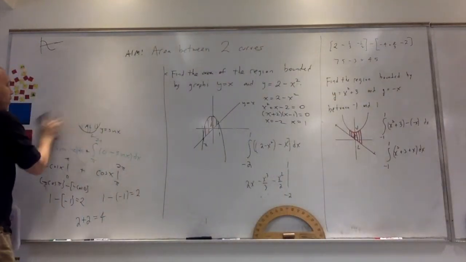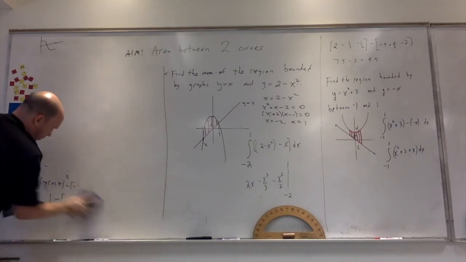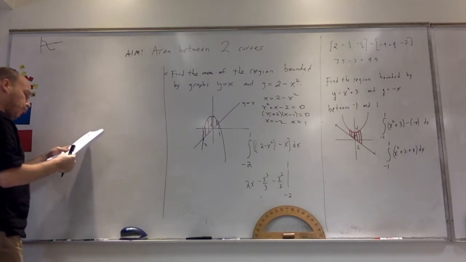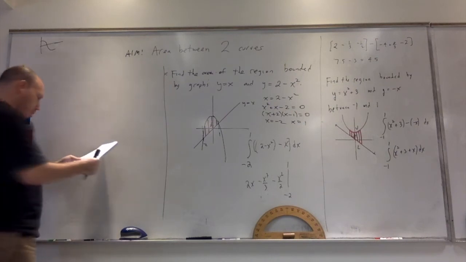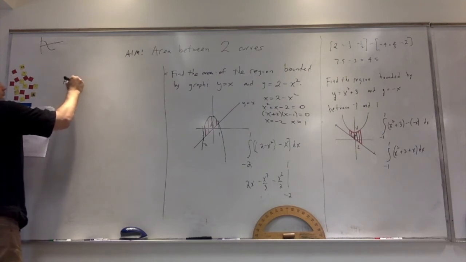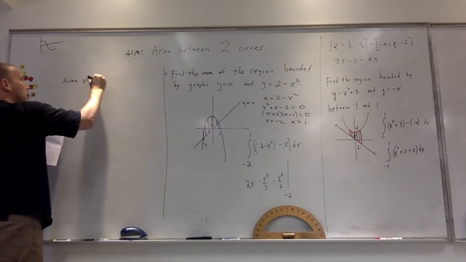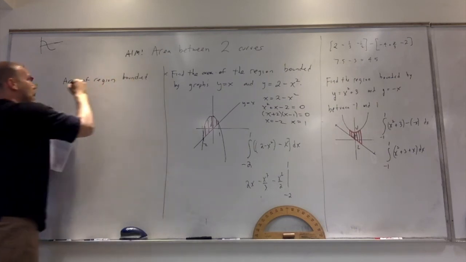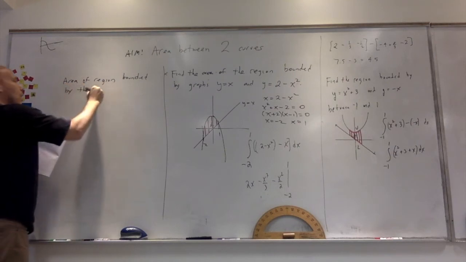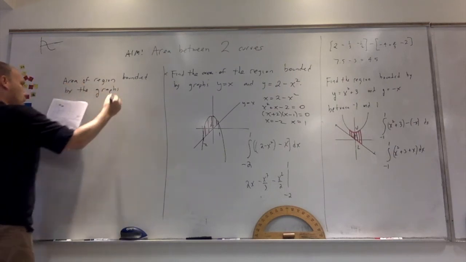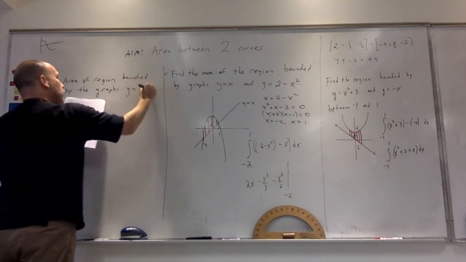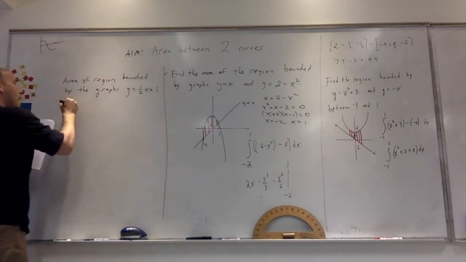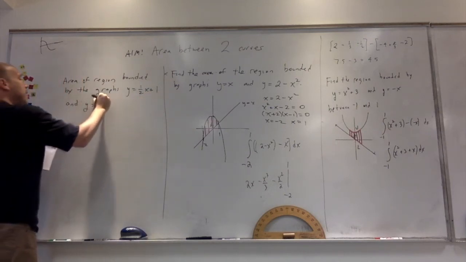Let's do a problem with the graphing calculator. I want you to find the area of the region bounded by the graphs y equals 1/2 x plus 1 and y equals e to the x.